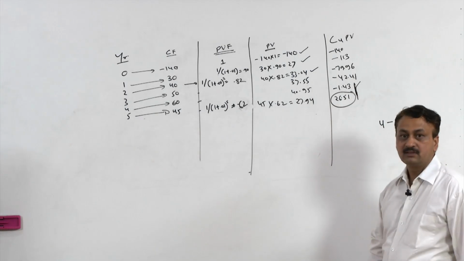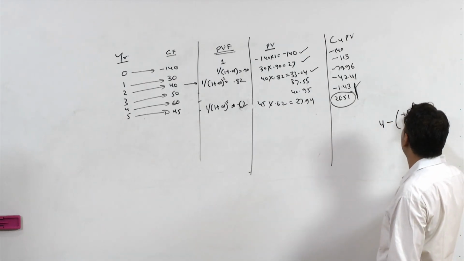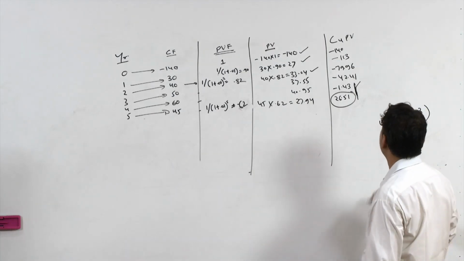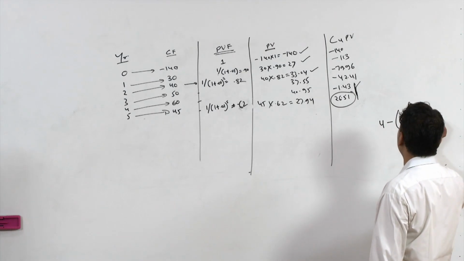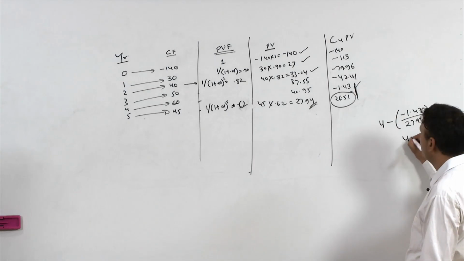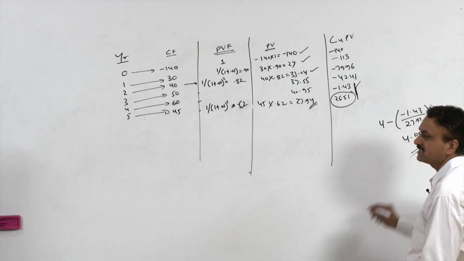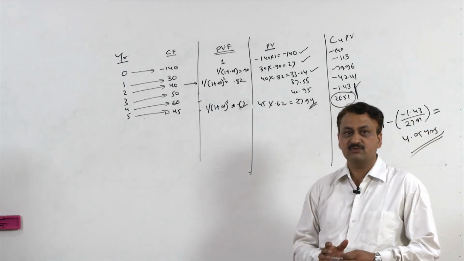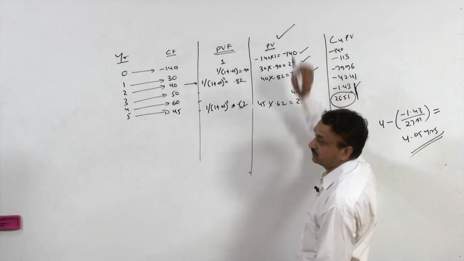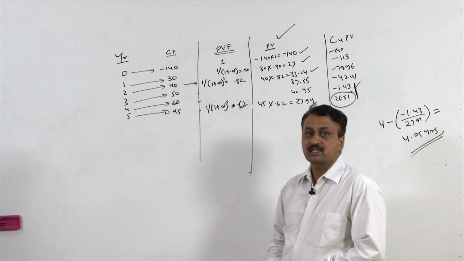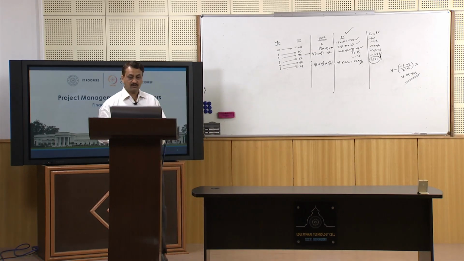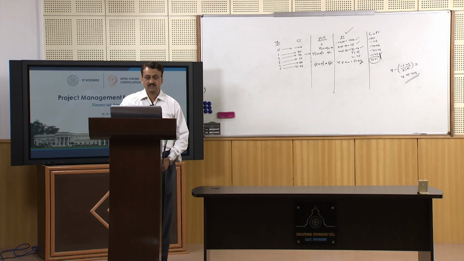So 4 minus 1.43 divided by 27.94 gives the answer, 4.05 years. Very simple method. The only difference between the payback period and this method is that you need to calculate the present value by using the discount factor. I hope you can solve similar questions.